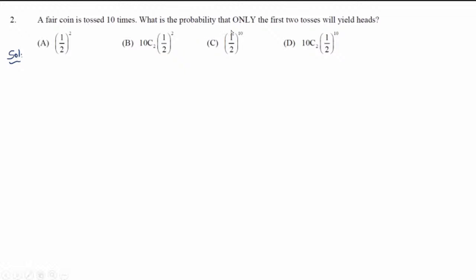What is the probability that only the first 2 tosses, please underline 'only', very important, are heads? Four options A, B, C, D are given. So |S| is the total outcomes, 2 power n.